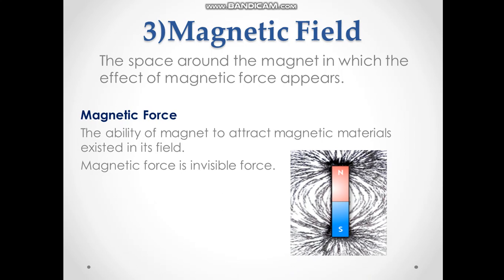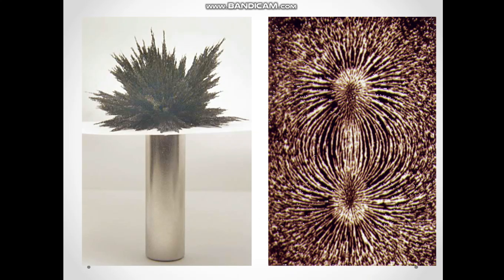We cannot see it. The magnetic field always takes this arrangement or shape, which is also invisible. We can see it by making a simple experiment. Now, here are other shapes of magnetic field.